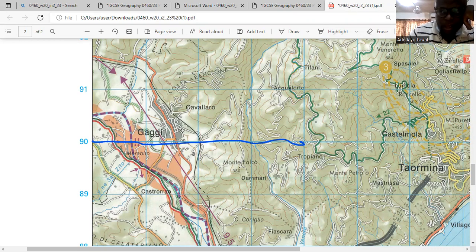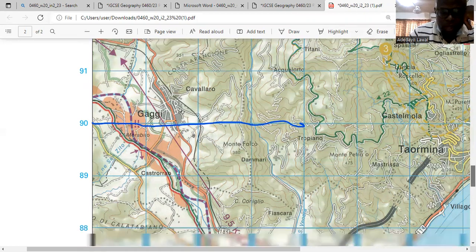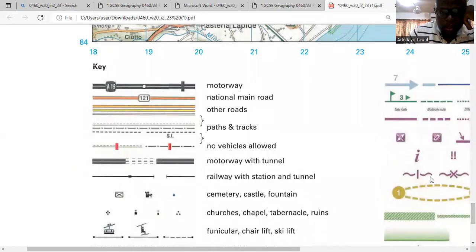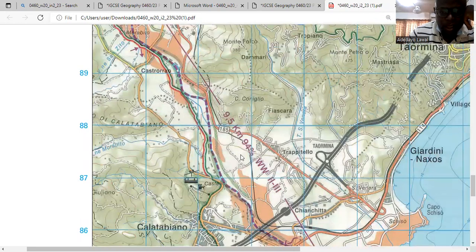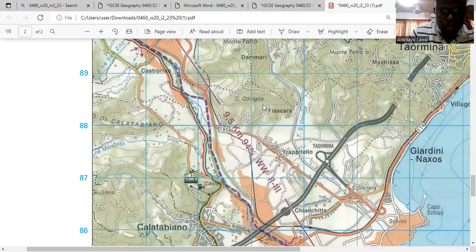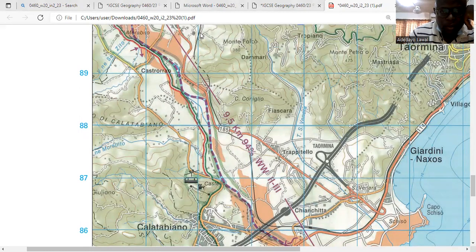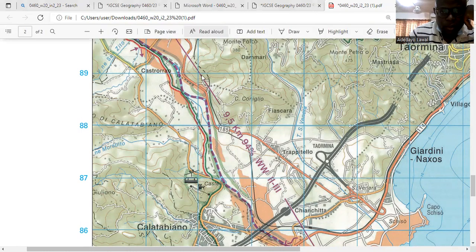So let's go and check the symbol for railway in the key. Railway. So look at it, and that is exactly what you have there. This line here. So this is it.